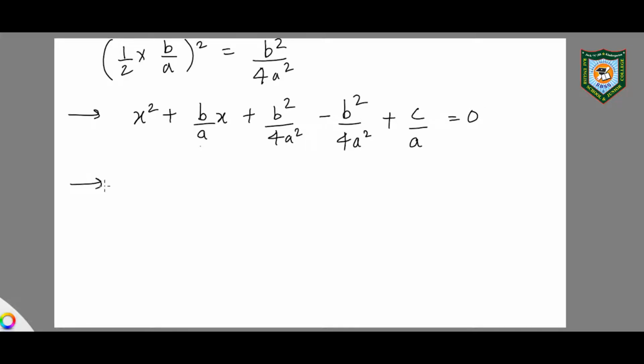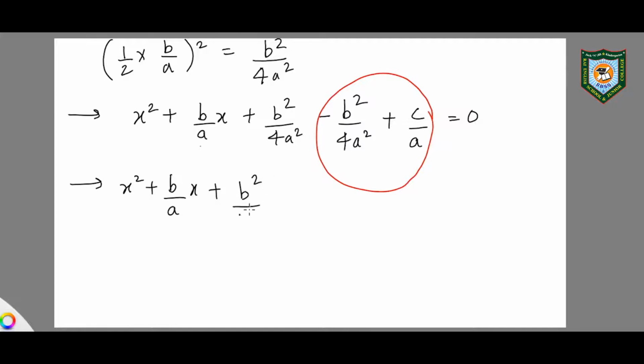Now every constant term except for plus b square by 4a square, I'll shift on the other side. That means I'm going to move this particular value on the right hand side. So I have x square plus b by ax plus b square by 4a square is equals to b square by 4a square minus c by a.